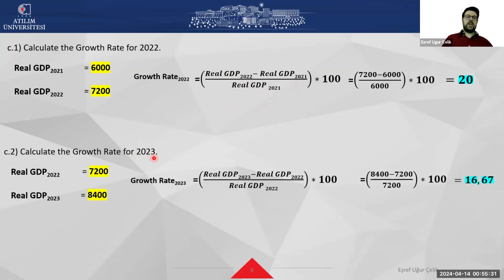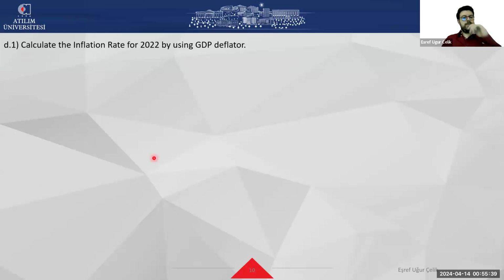Okay. Then let's come to the last part, the inflation rate using the GDP deflator. Firstly, 2022. Again, the logic is the same as the growth rate. So we calculate the GDP deflator 2022 and 1 year earlier, 2021.